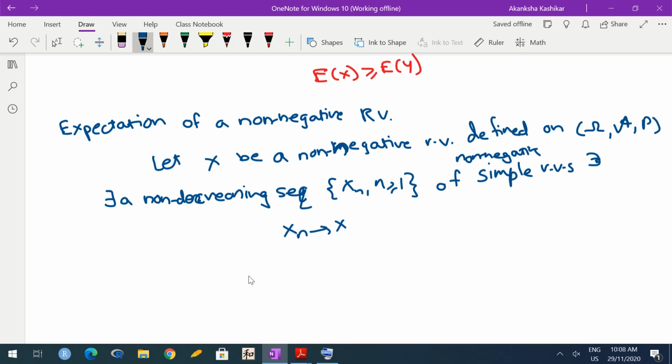Okay. So how would we define expectation of x? So expectation of x would be defined as limit over n going to infinity, expectation of xn.